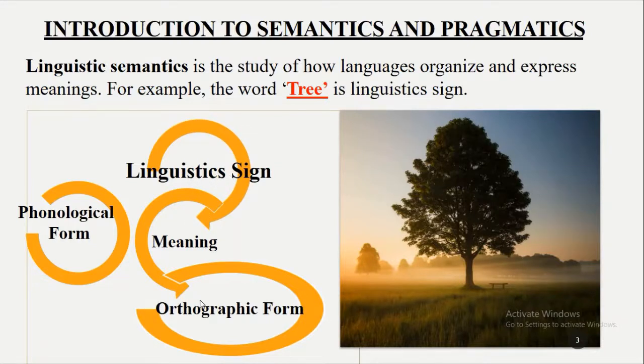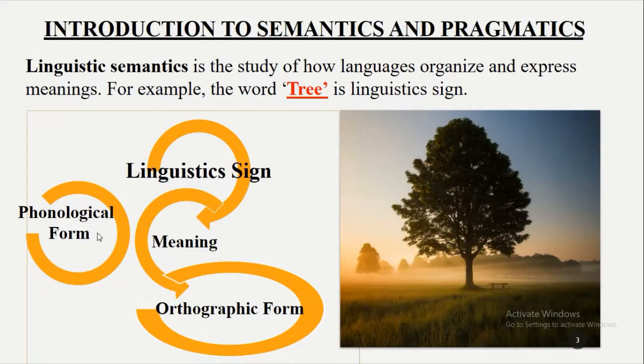So, linguistic signs are the combination of the written form, the word, like here we have the word tree and its orthographic or written form, and the phonological form, which is the sound, like how we say the word tree, and how the listeners perceive the sound of the word tree.